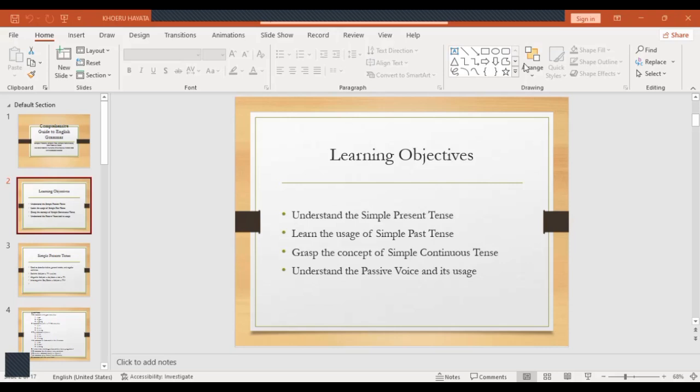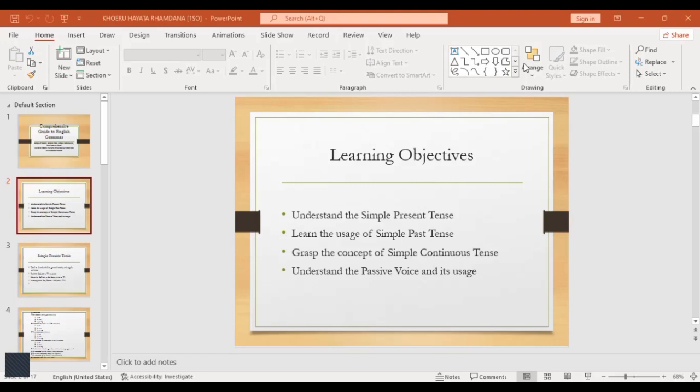Simple present tense is also used to express facts that are always true, such as scientific facts. For example, water boils at 100 degrees Celsius. This is a fact that does not change. So we use the simple present tense.